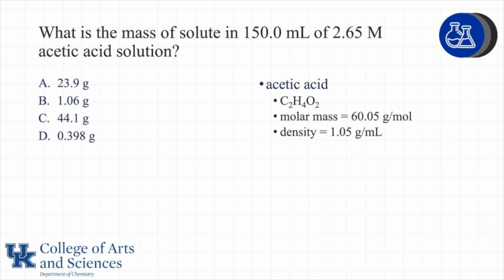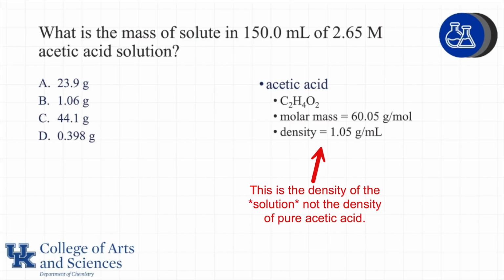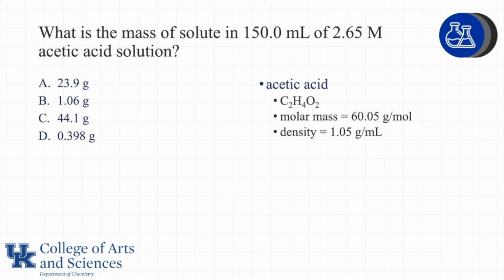What is the mass of solute in 150 milliliters of 2.65 molar acetic acid solution? We're also given some information about acetic acid, such as the chemical formula, the molar mass, and the density. First, I'm going to rewrite the molarity as a relationship, so 2.65 moles over liters.